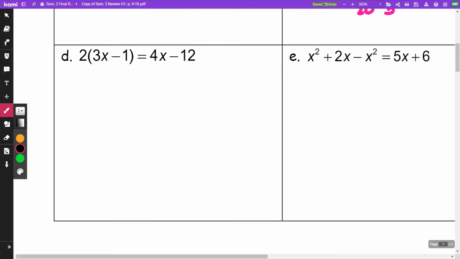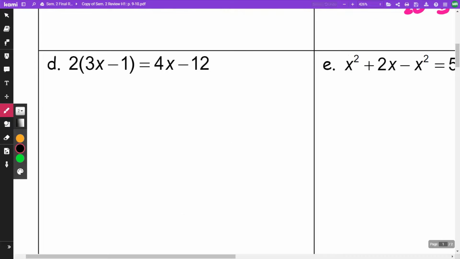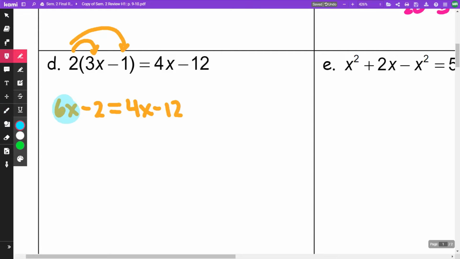On letter D, in this case, I could do one of two things. I could distribute the 2 to both things here. And so that is going to give me a 6x minus 2 is equal to 4x minus 12. I have x's on both sides.